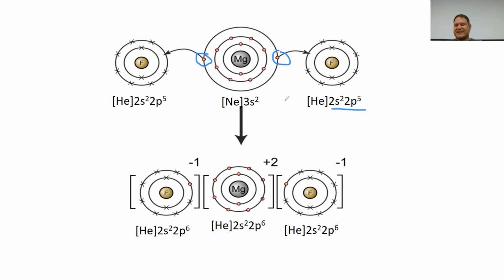But magnesium's like, ugh, shoot, I need to get rid of 2 of them though. And fluorine says, well, I'm sorry, I can only take 1. But he says, I have a buddy, I have a friend, right? And my friend needs an electron, right?